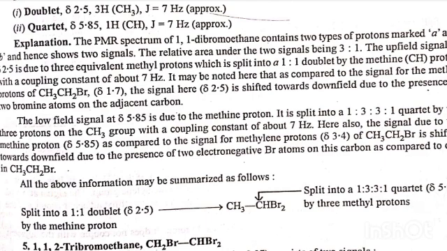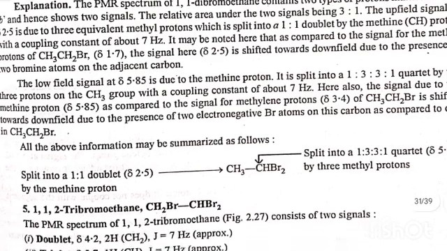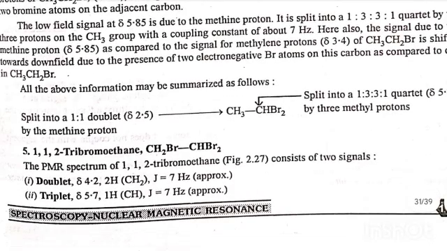It may be noted here that as compared to the signal for the methylene protons of CH3CH2Br at delta 1.7, the signal here is shifted towards downfield due to the presence of two bromine atoms on the adjacent carbon. The low field signal at delta 5.85 is due to the methine proton.